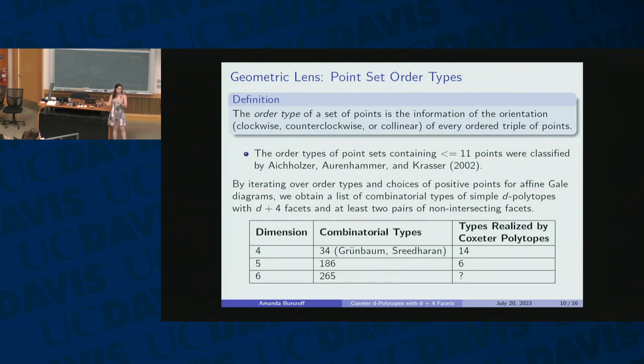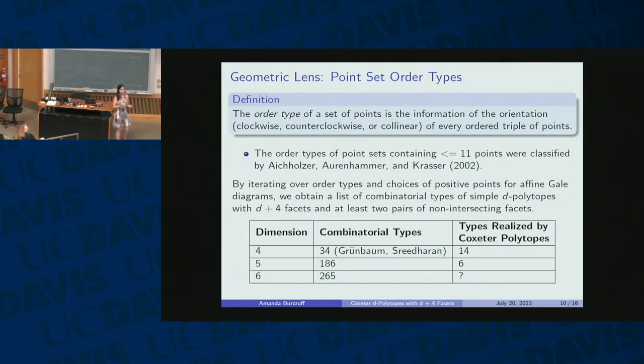And so we can use this classification, iterate over all choices of what the positive points could be, and obtain all of the combinatorial types of the polytopes with d plus 4 facets in dimensions 4, 5, and 6. So in dimension 4, this procedure was already completed a little bit differently by Grünbaum and Sreedharan.